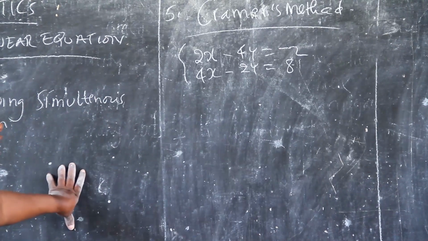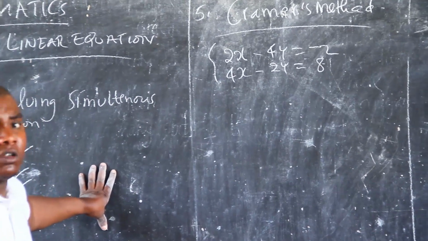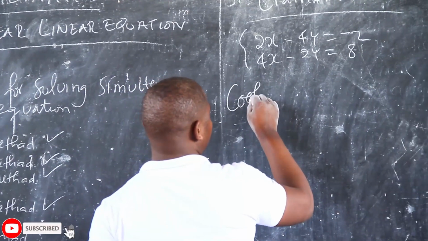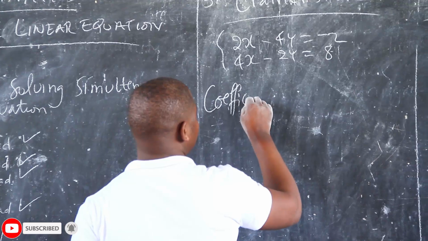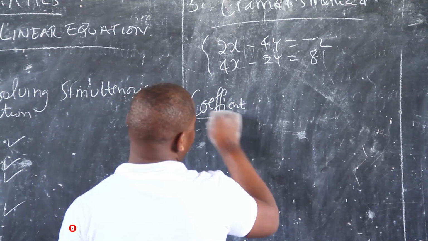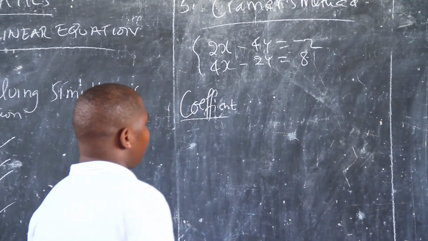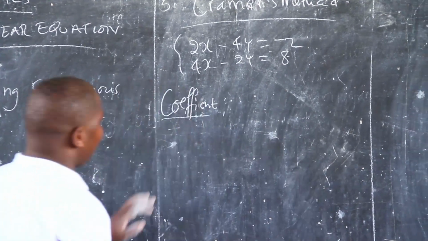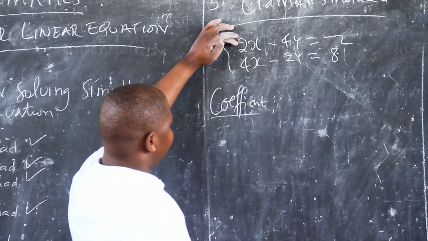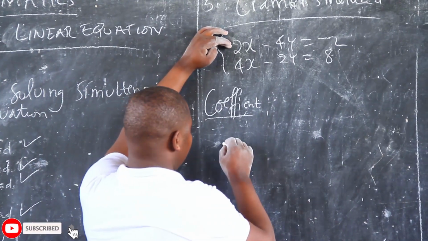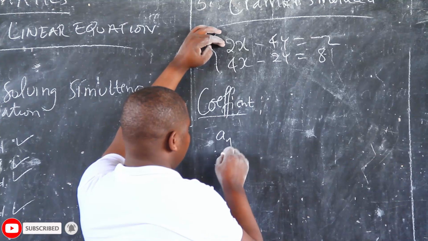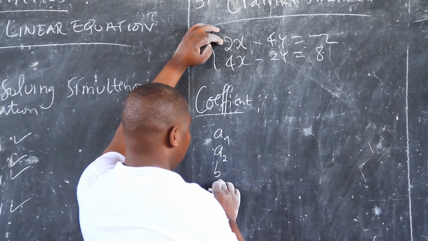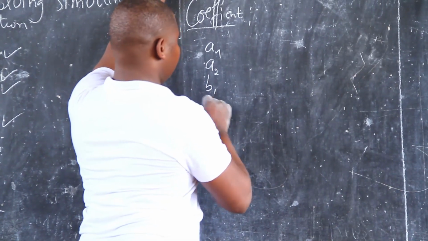According to this, in the Cramer method, we have to find what we call the coefficient determinant. In the first, you have to think, we have A1 and A2, B1 and B2.